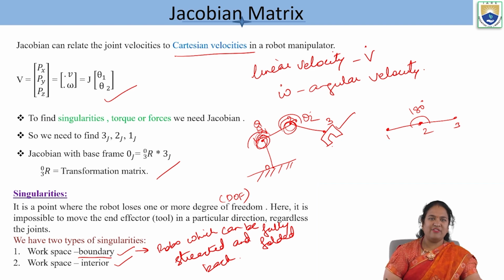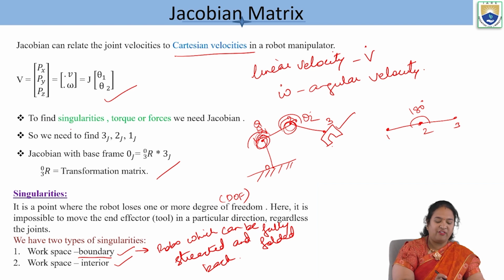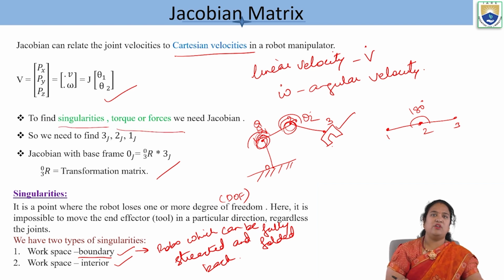Before we find the singularities and torque and force from a robot's Jacobian matrix, as I've told you, we need to know about singularity. Singularity is any point where a robot loses its degree of freedom, and we have two types of singularities. Based upon those two types, we will be solving various problems.